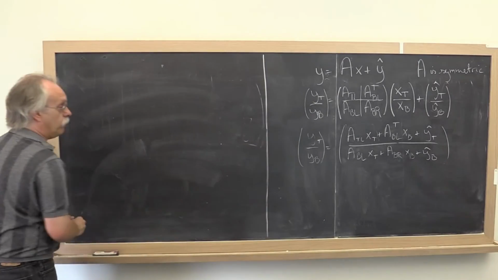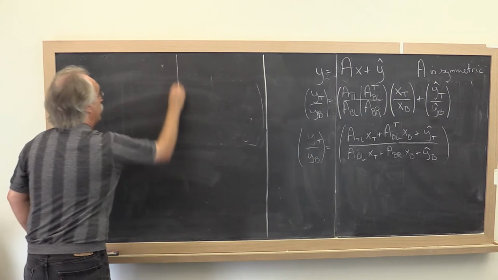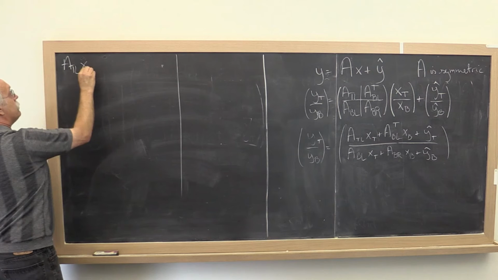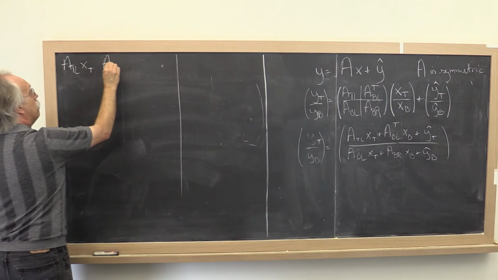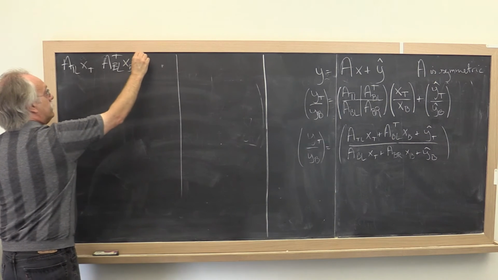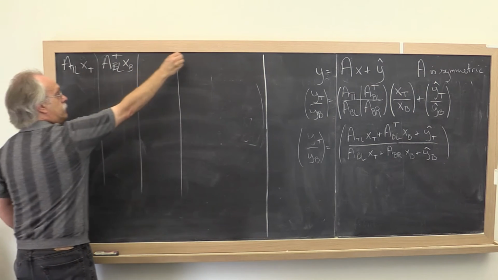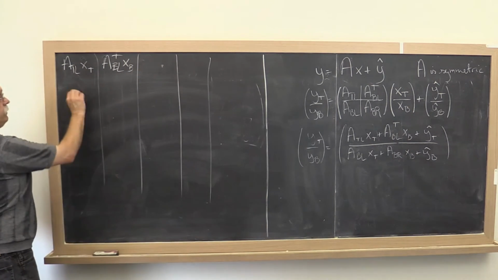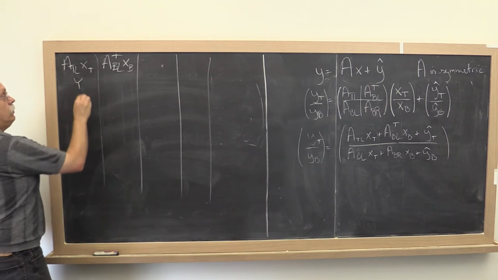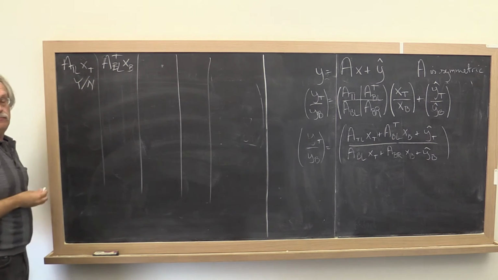Well, let me just sketch out how we would go about it. One way to do it systematically is to create a table. You have the term A top left x top, A bottom left transpose x bottom, etc. We have 4 of these terms, right? And for each of them we can say, yes, it's in there, or no, it's not in there.